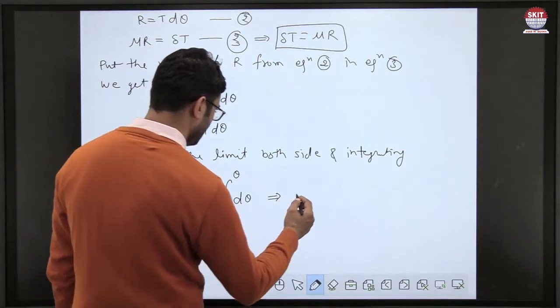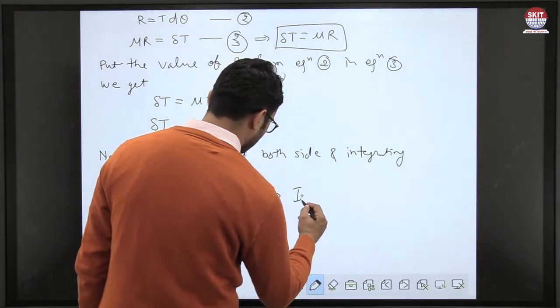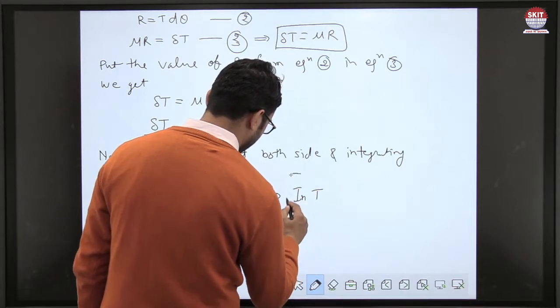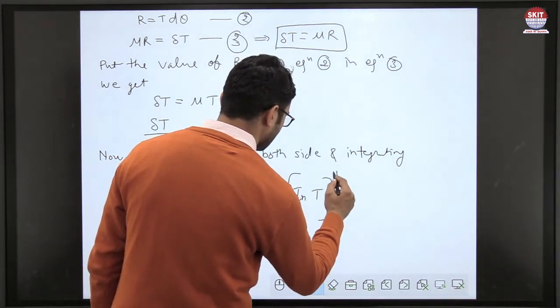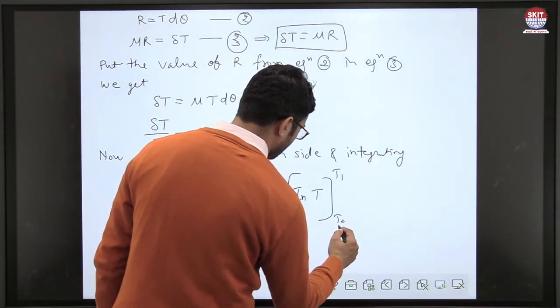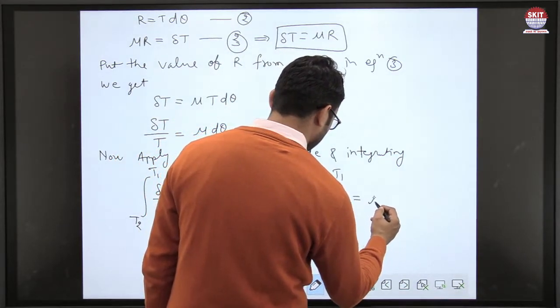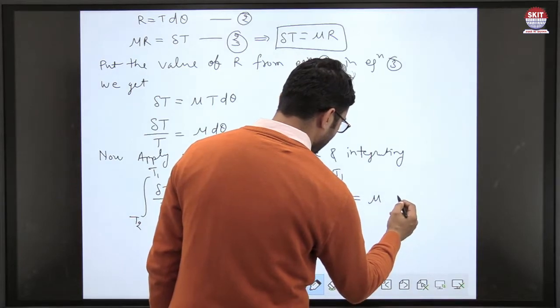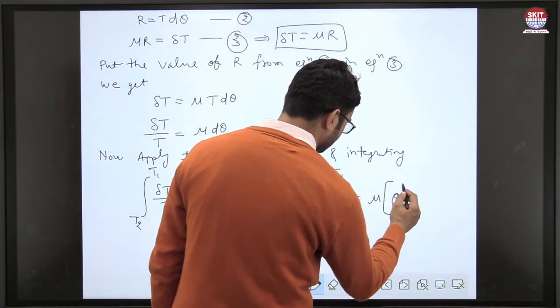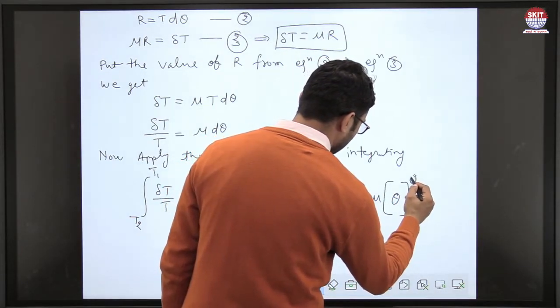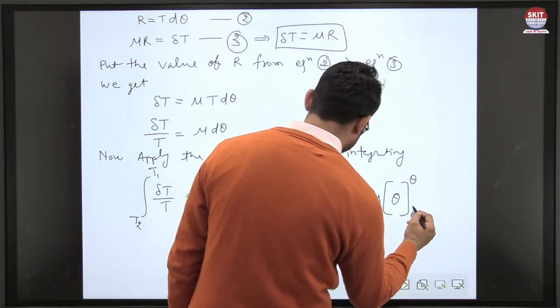Now this is the antilog of T and the limit is T1 upon T2, upper limit T1 and lower limit T2. Mu d theta integration is mu theta, and the upper limit is theta and lower limit is 0.